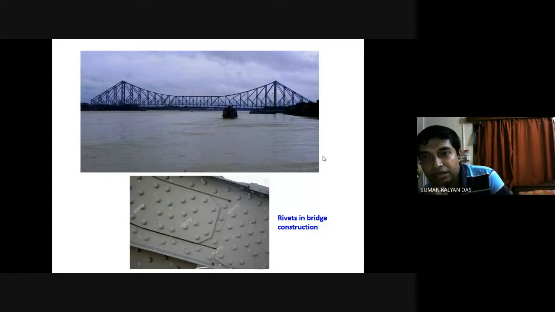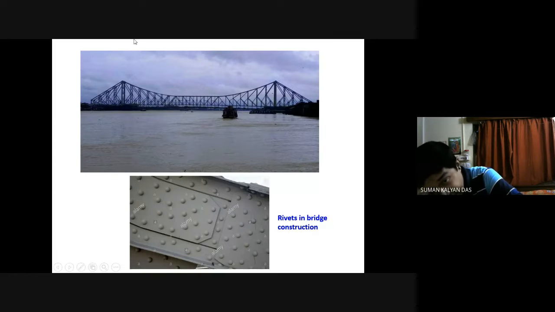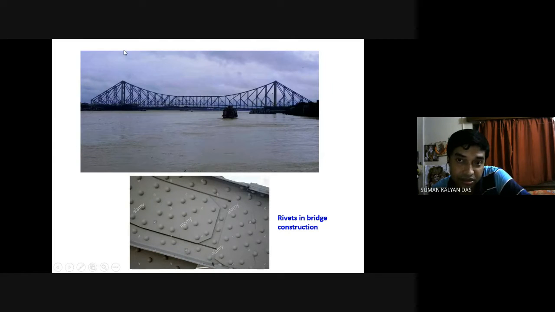Some more practical examples of the application of riveted joints. This is a very common landmark. All the Calcuttans who have been born and brought up in Calcutta know it, and outsiders also refer to it as a landmark when they talk about Calcutta.